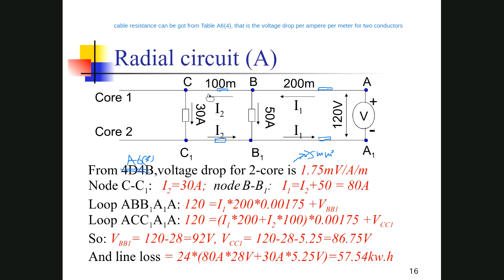We suppose this direction. At node 1, we have the current I1 in this direction. So for position C, the I2 is 30 amperes.